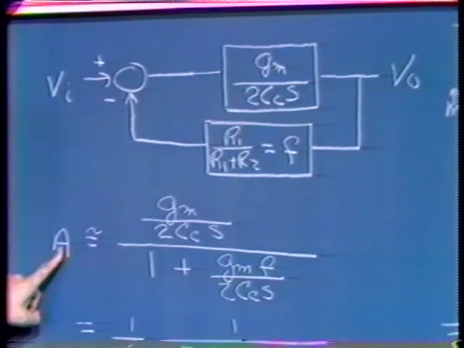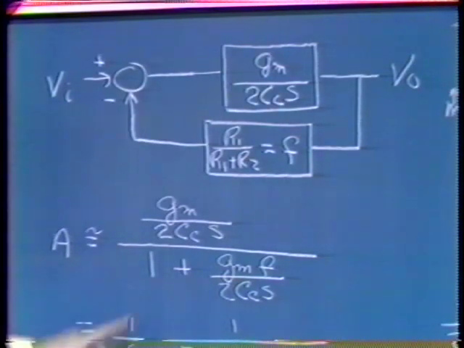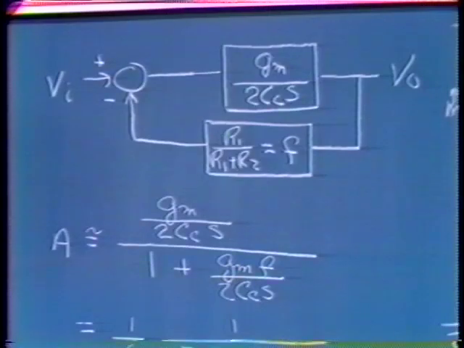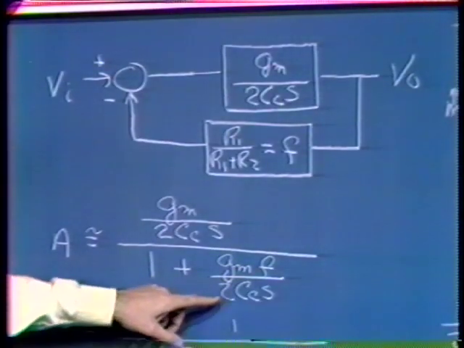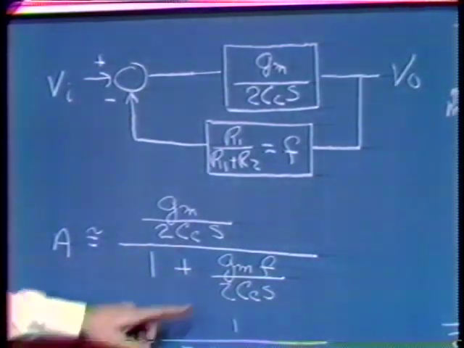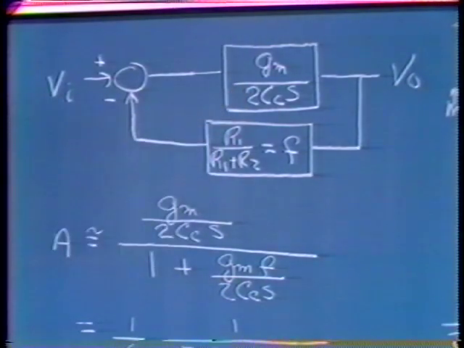If we estimate the closed loop gain based on this expression for the forward path gain, we get the expression shown, G sub m over 2 C sub C s over 1 plus G sub m over 2 C sub C s times F, or 1 minus the loop transmission, assuming that the loop transmission can use this estimate for the forward path gain.